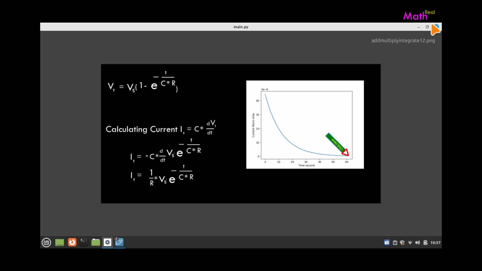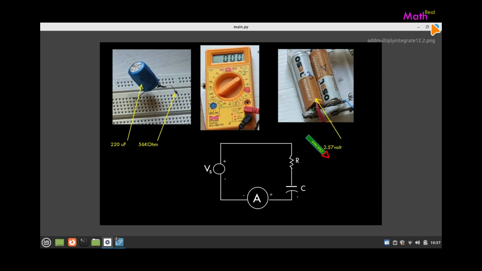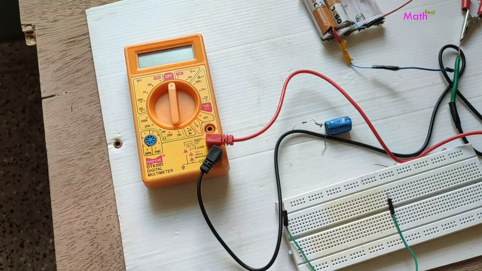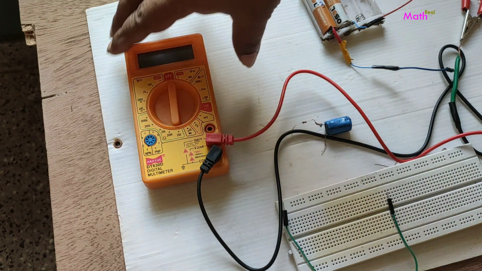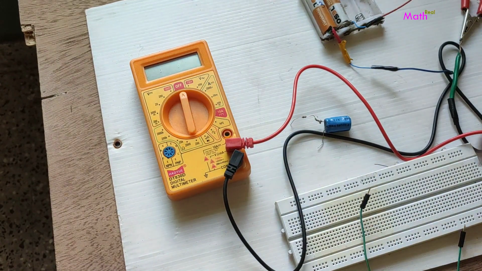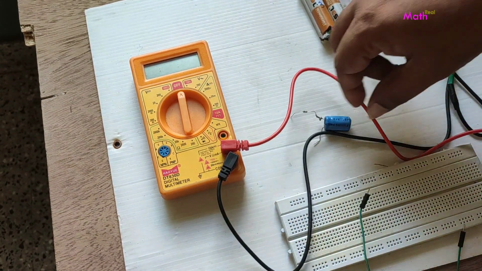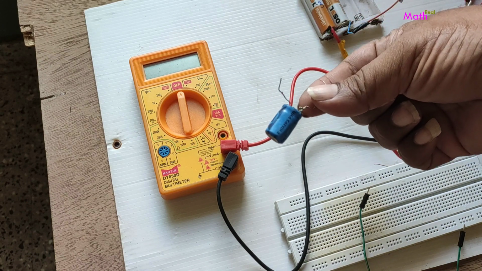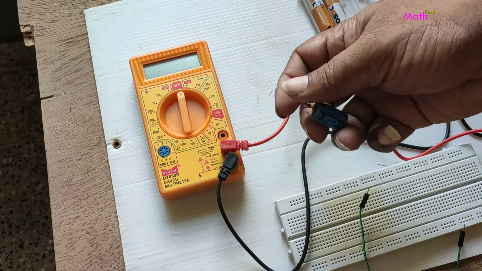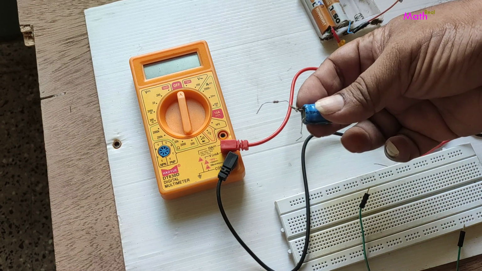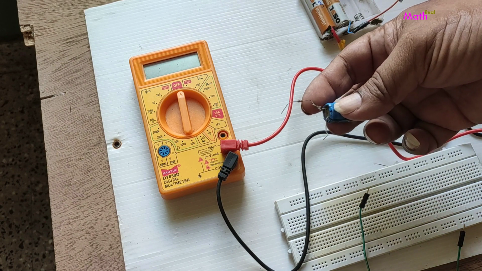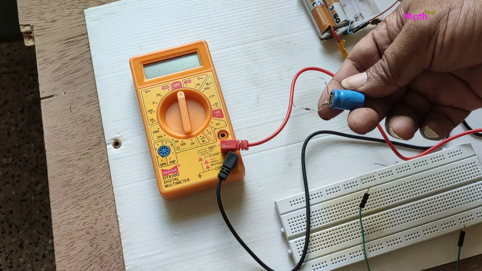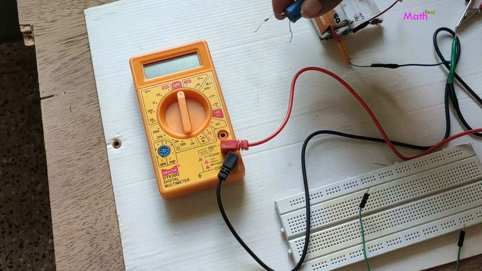Now we will do the practical. We have taken one multimeter, the basic one, and there is one capacitor of 220 microfarad, and a resistance of 56 kilo ohms. That is the scenario.